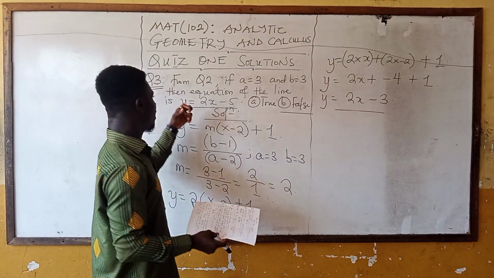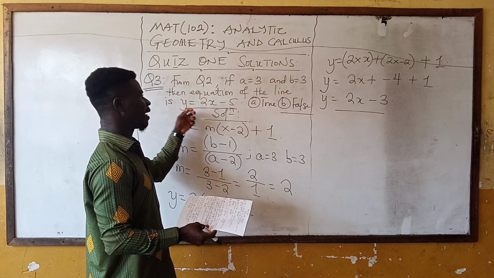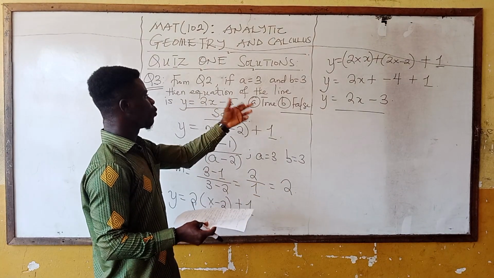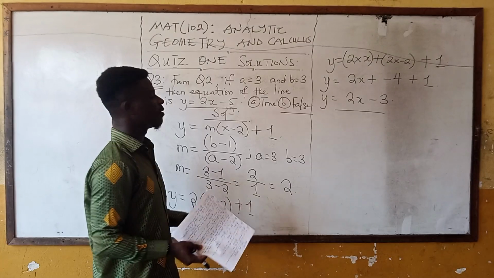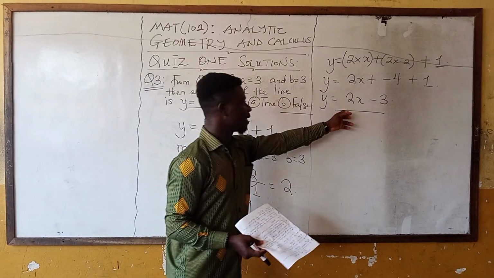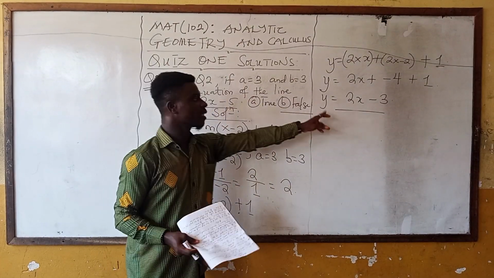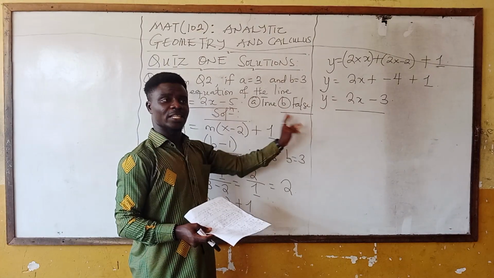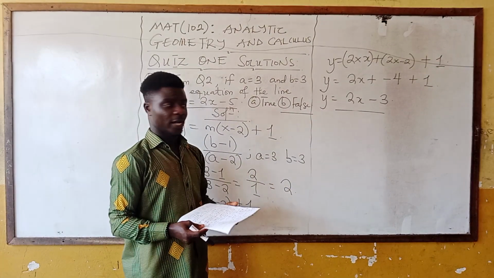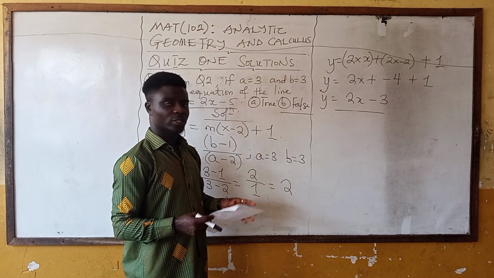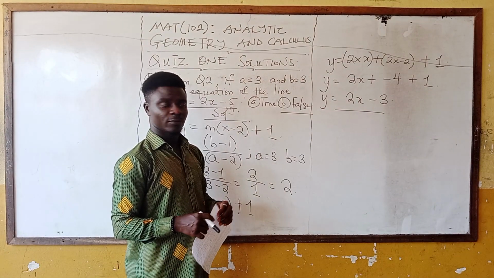If they give you the equation of the line here, then when you put in the values of a and b, you will not get the equation of the line to be equal. So then definitely it is false. So kindly watch what we are doing very well.